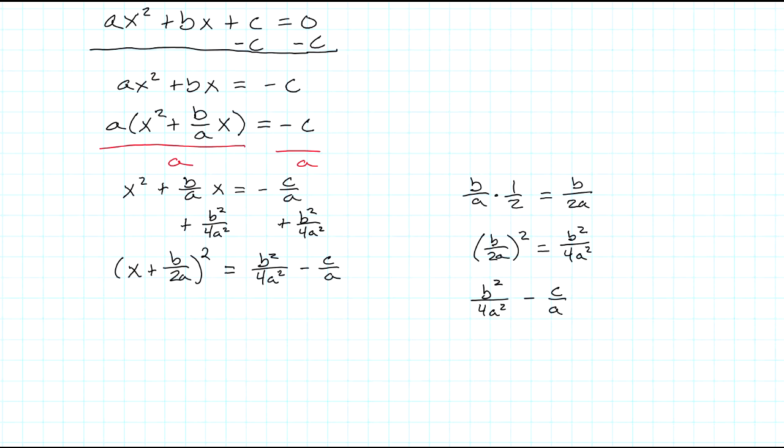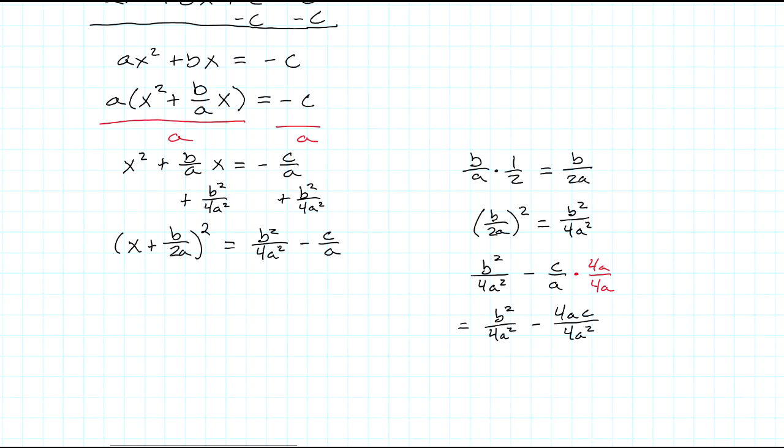So if I multiply the c over a, top and bottom, by 4a, we will get our common denominator. This will then equal b squared over 4a squared minus 4ac over 4a squared. So we can then combine these fractions to be b squared minus 4ac all over 4a squared.